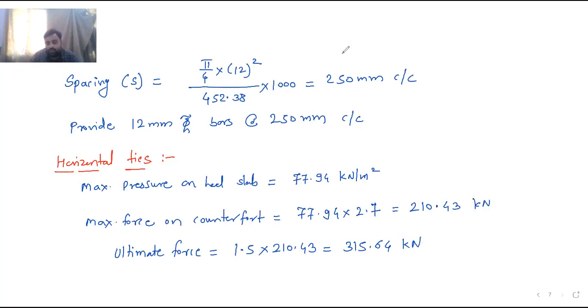So now we will calculate the AST. We know when the force is given, then TU is equal to 0.87 Fy into AST. You can also use the formula with CU, but in that XU max and everything is required, so we need to calculate that. Therefore we have avoided this.